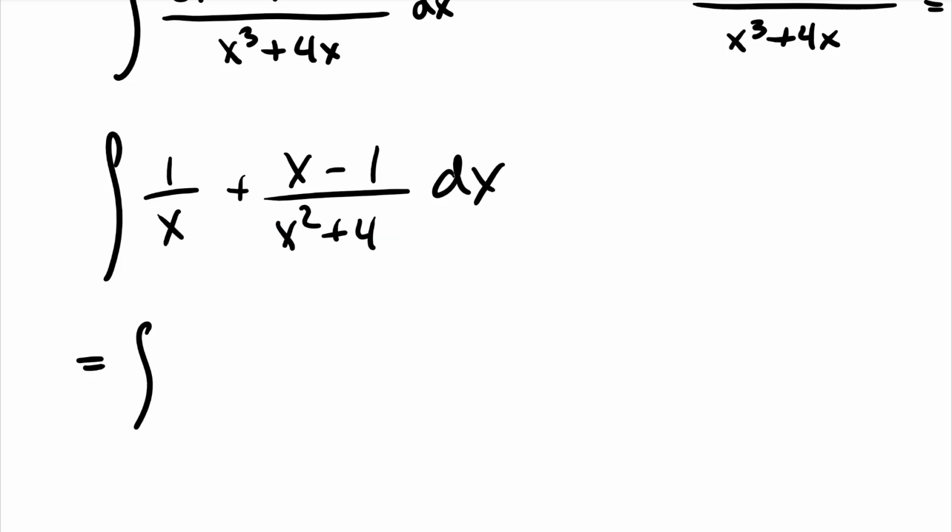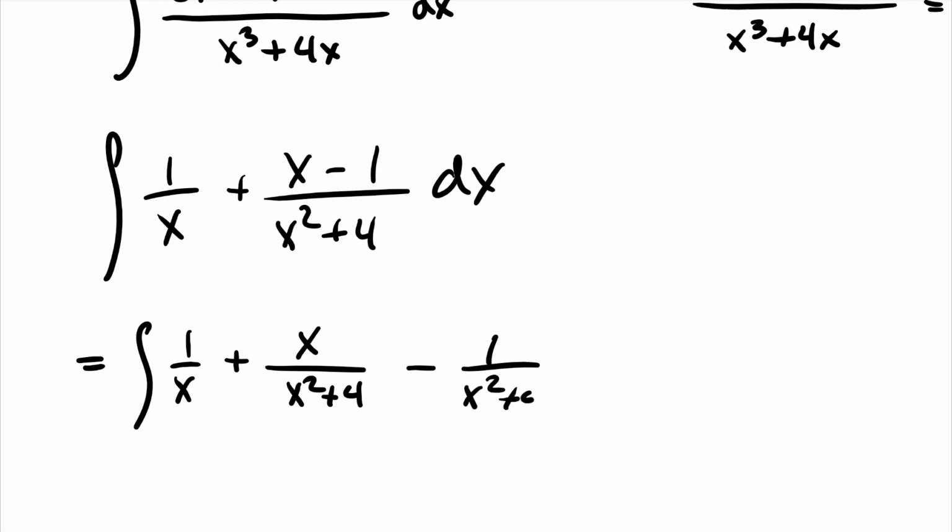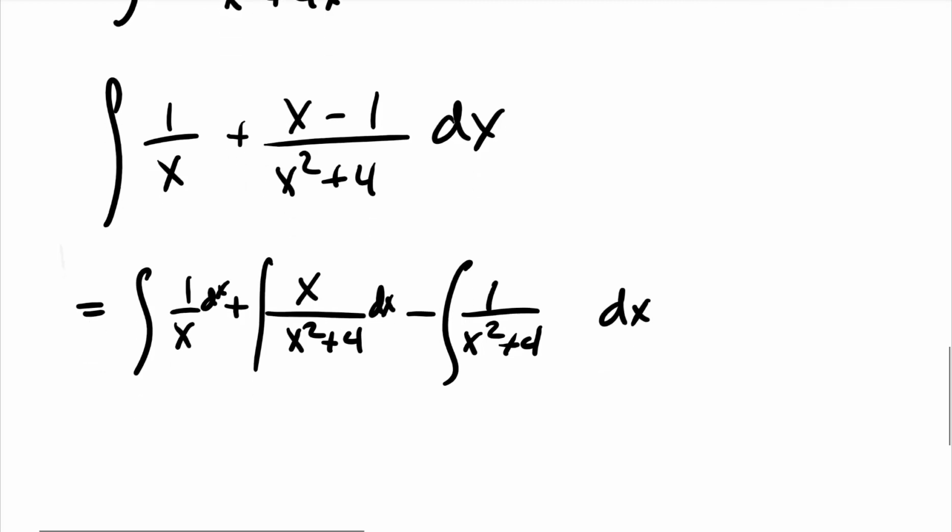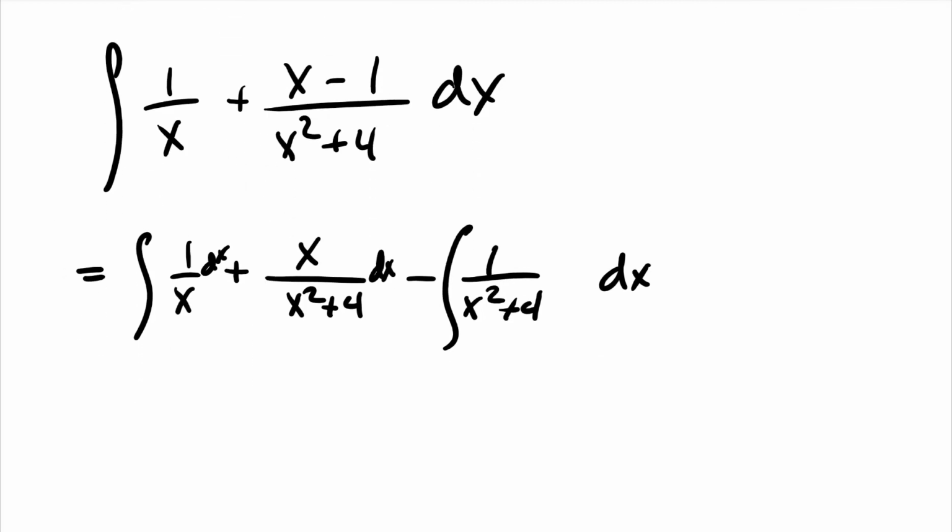So this is the integral of 1 over x plus x over x squared plus 4 minus 1 over x squared plus 4 dx. And I actually want to do these separately, because the center term is going to require u sub.